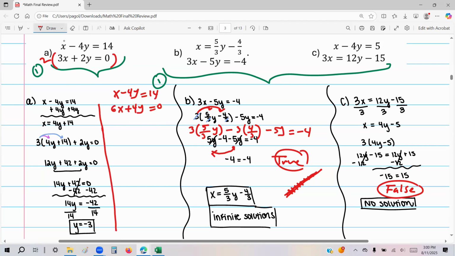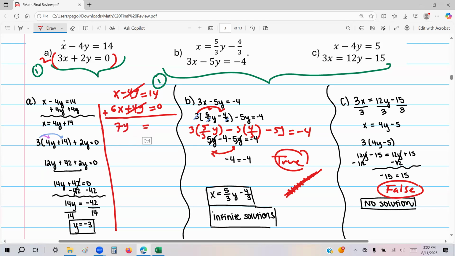In the elimination method, you have the same number as a coefficient with the opposite sign. So look at the y. We have -4y and +4y. They're the same 4y, but with opposite sign. So when you add the two equations, y cancels out.